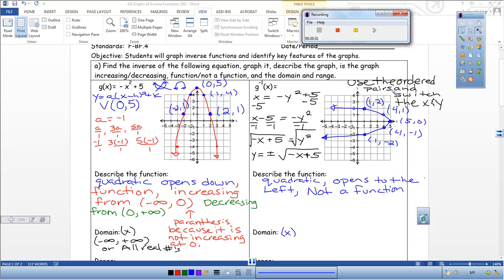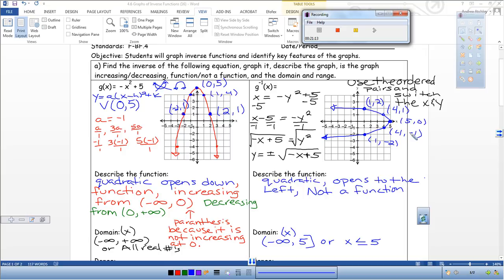The domain is going to start at 5 and only get smaller. So the domain is going to be negative infinity to 5. Can it equal 5? Yeah, I have a closed circle there. It can equal 5. Or I could write it as x is less than or equal to 5. Any questions over that?